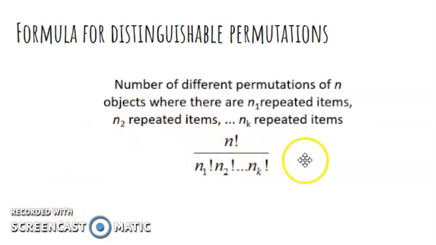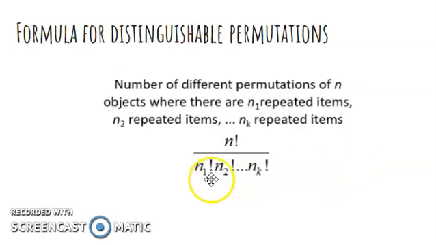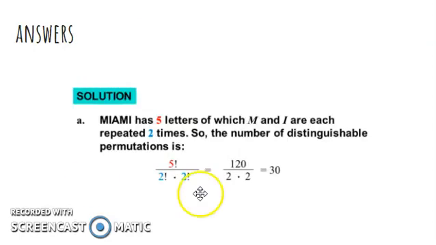And this is the formula for the distinguishable permutations, basically combinations, where n is the total amount in a set. In this case it was 5, since there were a total of 5 letters, and n1 and n2 represent the I and the M, which are the repeating letters.